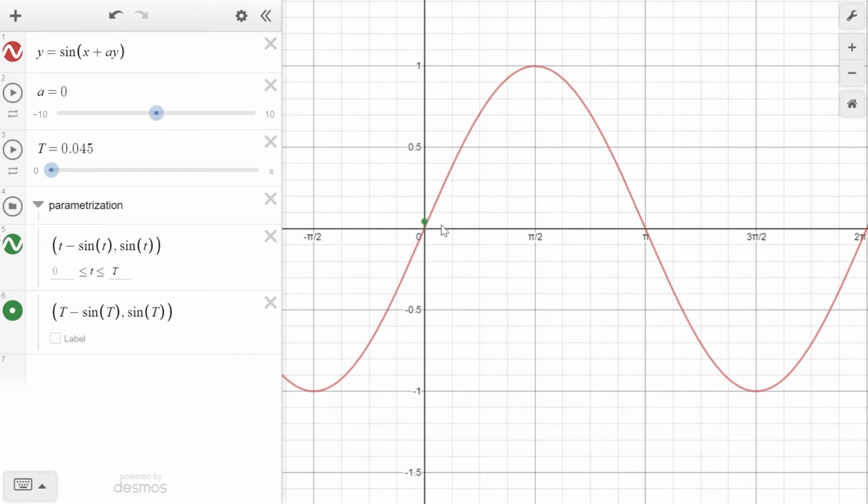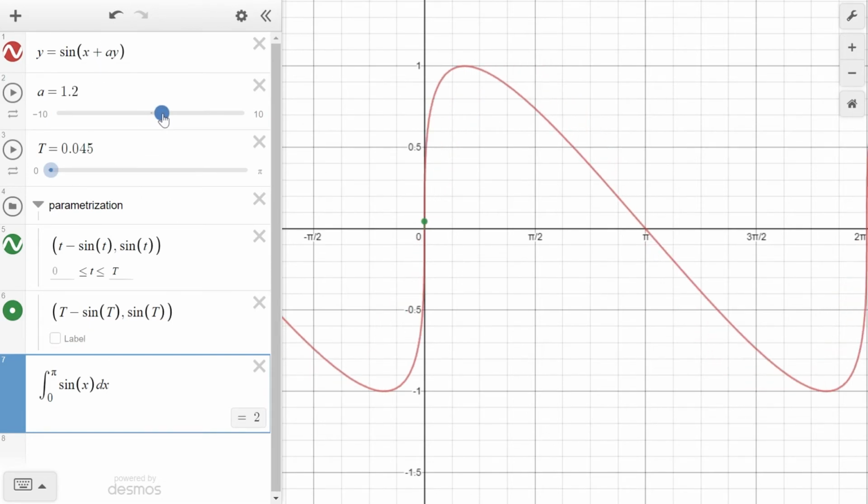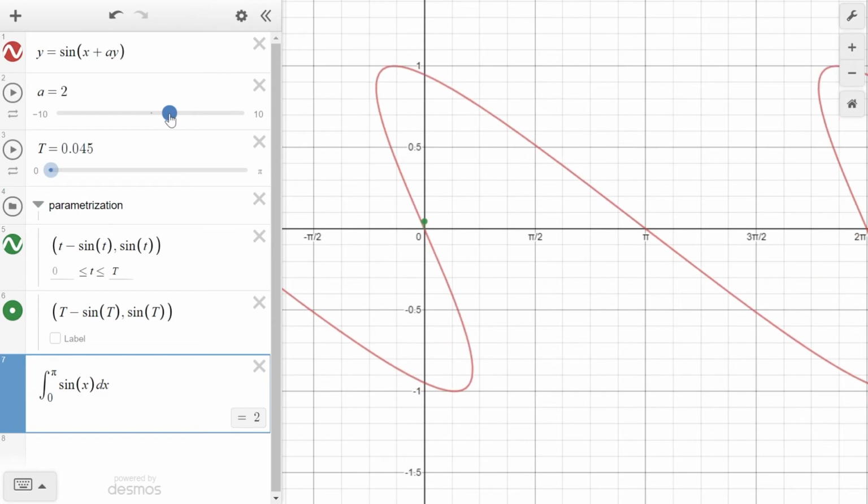Now, if you do the area under the sine function from 0 to pi, you get 2. And that's something you can do just normally, Cal 1 stuff. And indeed, Desmos will do that for you. If you do the integral from 0 to pi of sine of x dx, it will give you 2. Now, when you slide this horizontally, that does not change the area, it turns out.